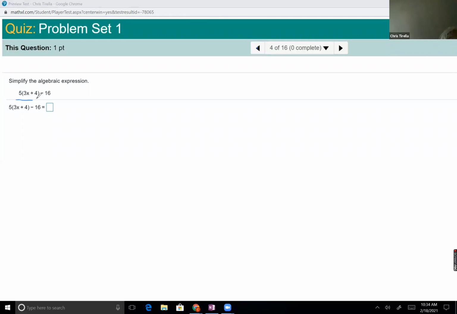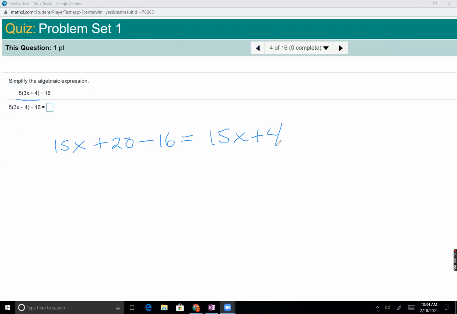So distributing here would give me 15x plus 5 times 4 is 20 minus 16, combining, finally 15x plus 4. That one all right? Yeah, that one's good.